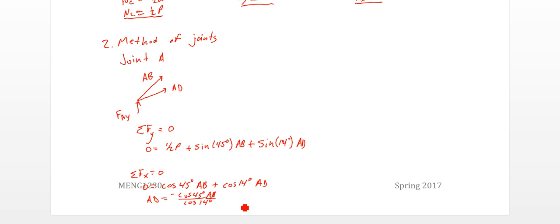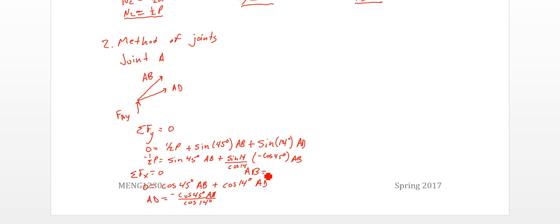We can substitute that back up here. So I'm writing everything in terms of AB. So we get negative 1/2 P equals sine of 45 AB plus sine of 14 over cosine of 14 times negative cosine 45 AB.